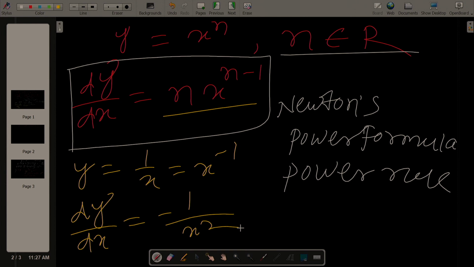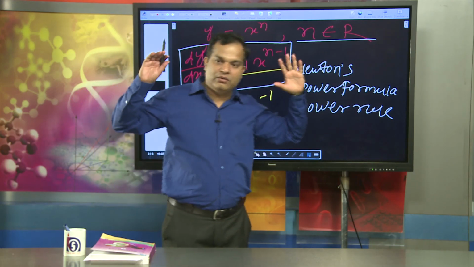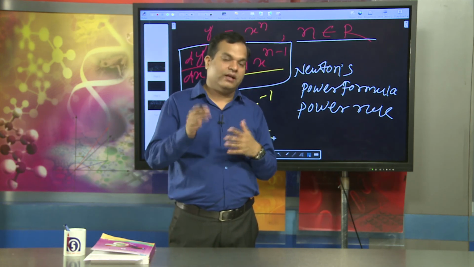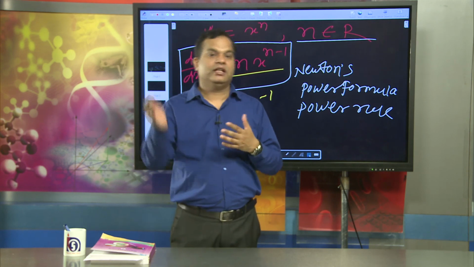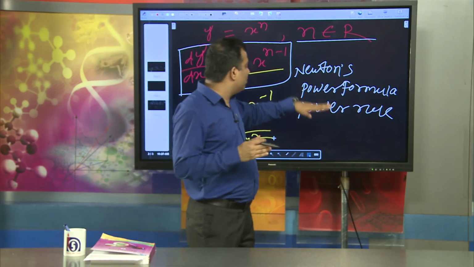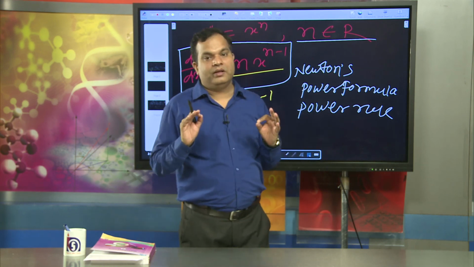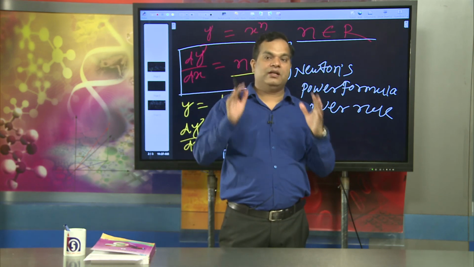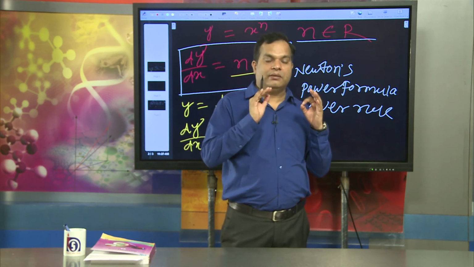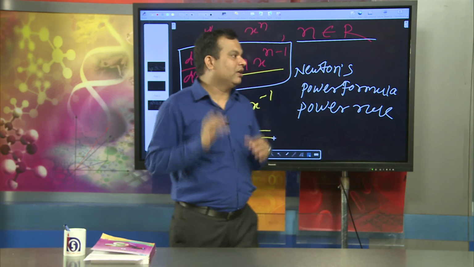By using Newton's power formula, we can find a huge number of solutions. That means we can solve different problems of derivatives, particularly in the field of derivatives. This is a very important formula.